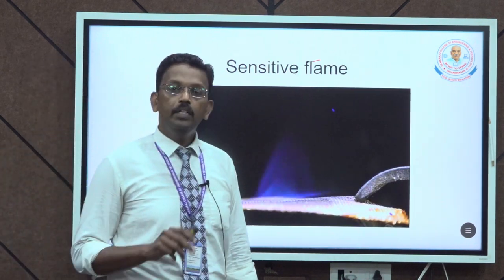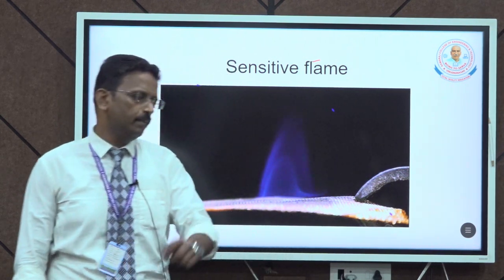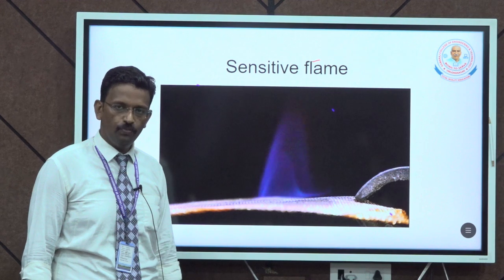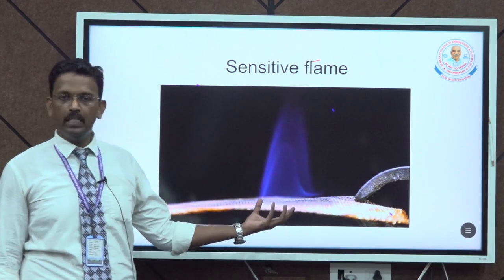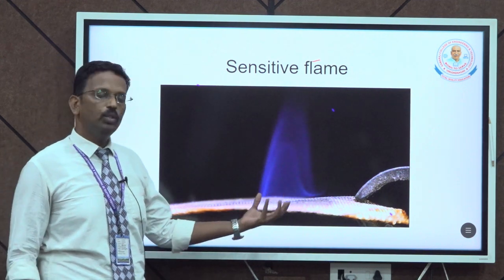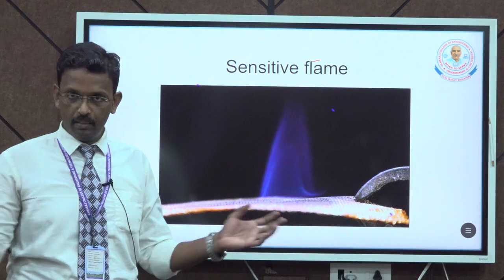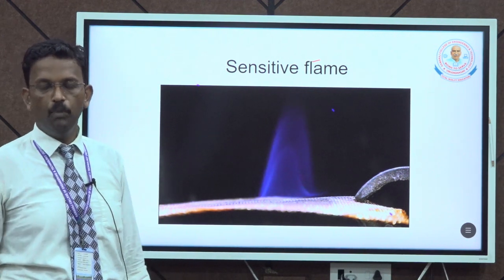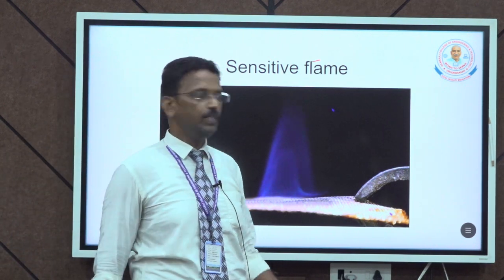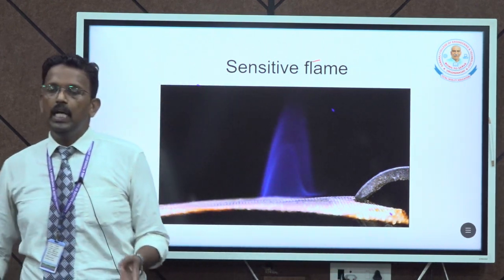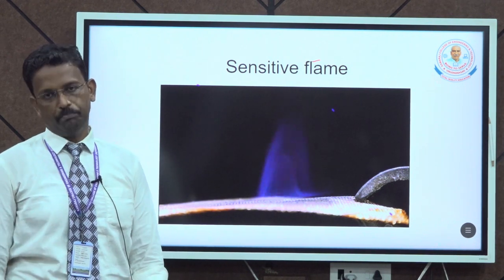Next, we are going to discuss the second type of ultrasonic detection method, which is a very simple method called the sensitive flame. You can see an ordinary Bunsen burner. We should control the surrounding environment so the flame is not affected by external influences like wind blow or any other physical parameter. Under these circumstances the flame forms a stable shape.